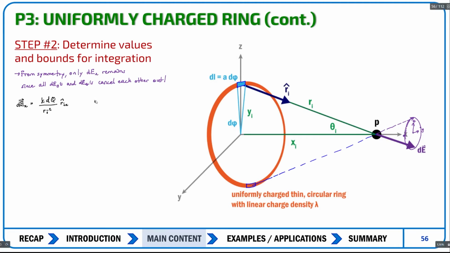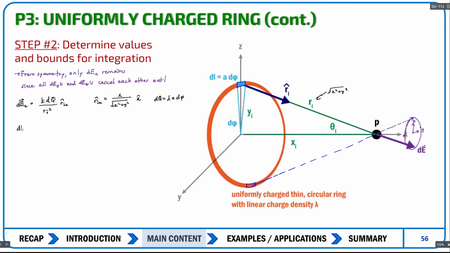We know that Rix is equal to x over the square root of x squared plus y squared in the x hat direction. We also know from before that dq is equal to lambda a d phi. We also know that Ri over here is simply the square root of x squared plus y squared, if we just consider it to be r.